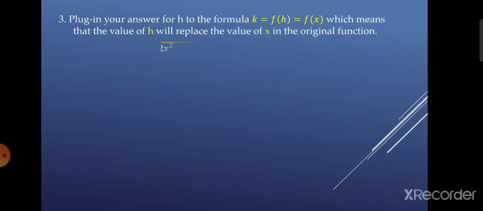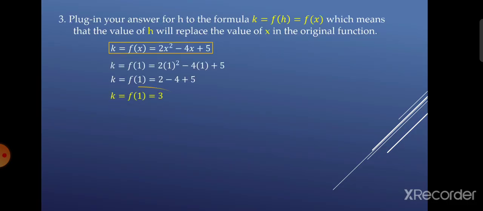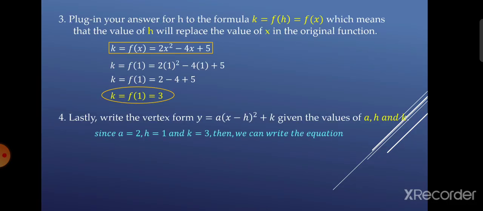Since a is 2, h is 1 based on the first solution, and k is 3 based on the second solution, we can write the equation using y equals a times the square of x minus h plus k.